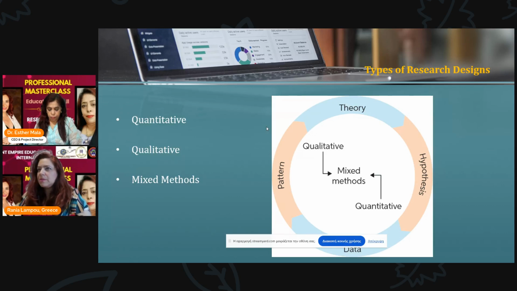That could be experiments, surveys, etc. On the other hand, qualitative explores meanings, experiences, or concepts through non-numerical data. For example, observations, case studies. And mixed methods combines both quantitative and qualitative approaches in order to provide a comprehensive analysis.